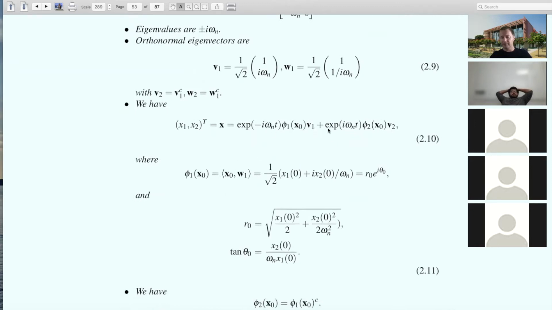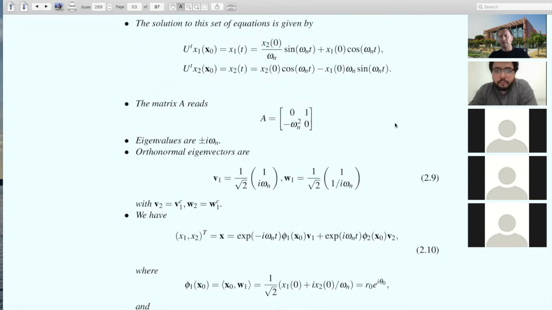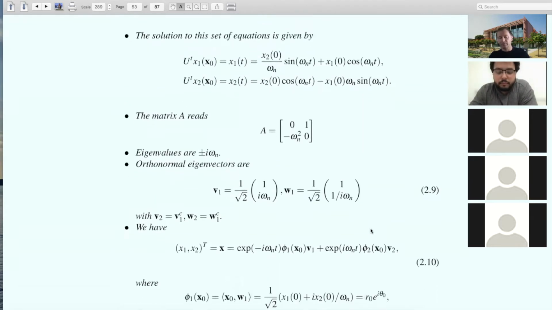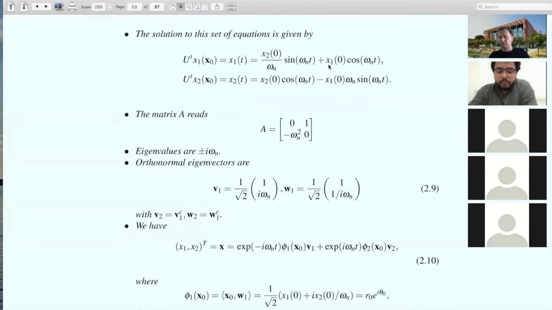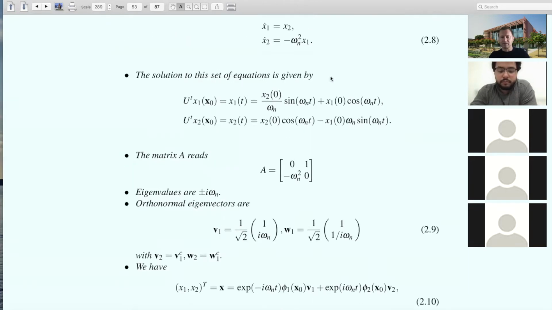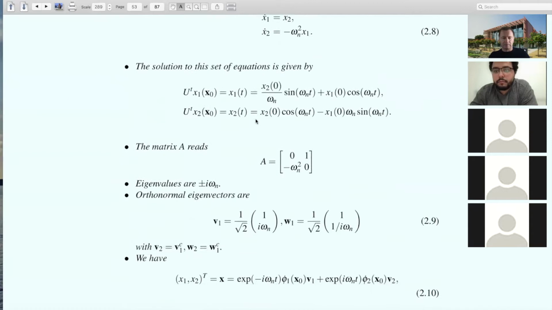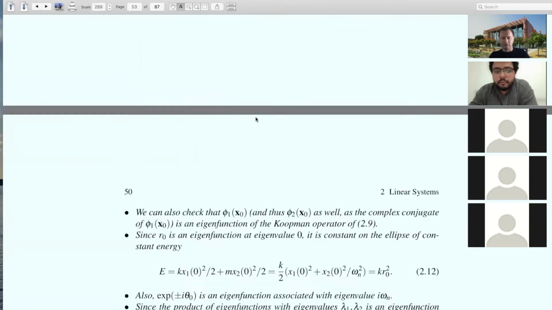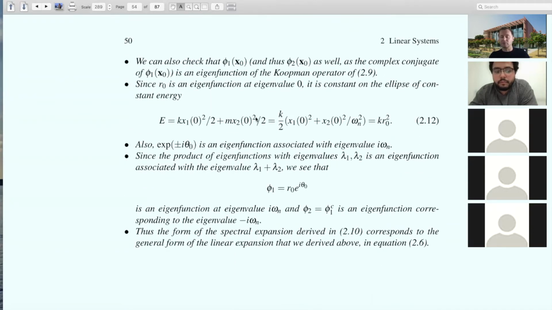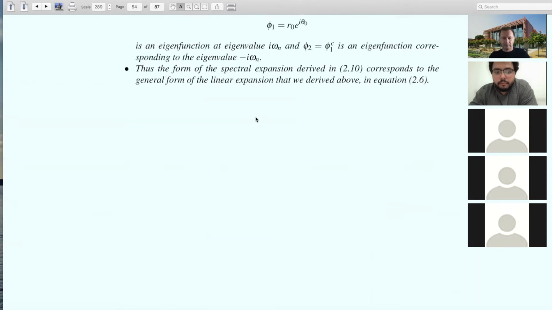I omega n and minus I omega n are eigenvalues, and V1 and V2 are eigenvectors. So that's an equivalent, or maybe simple spectral, way of obtaining the solution to harmonic oscillators. Now, of course, you could do this for two coupled harmonic oscillators and so on and so forth relatively easily. You would get these general solutions for linear systems in terms of a spectral expansion.